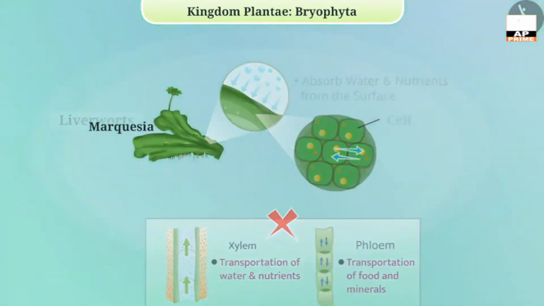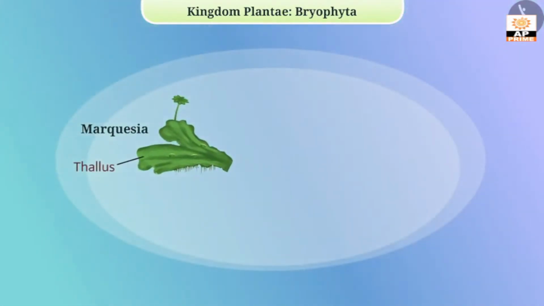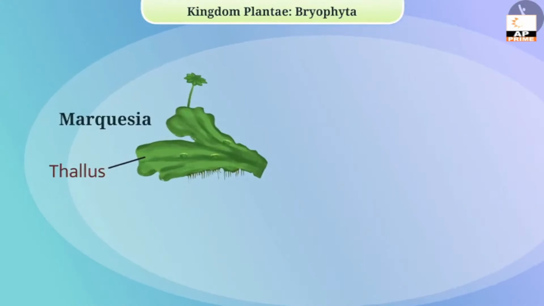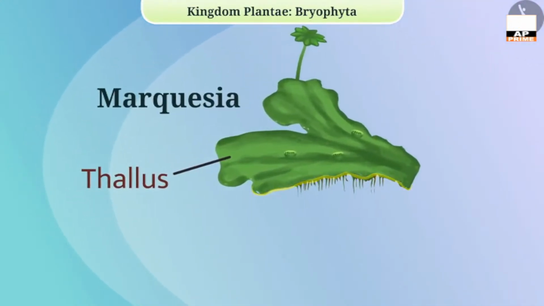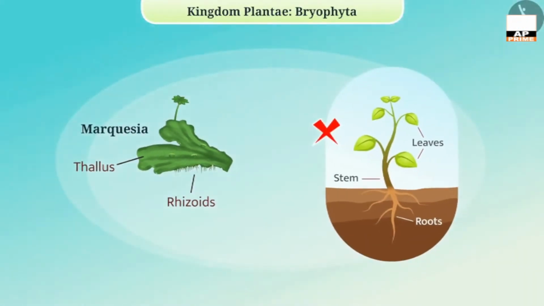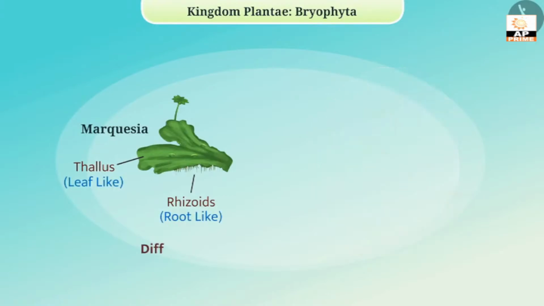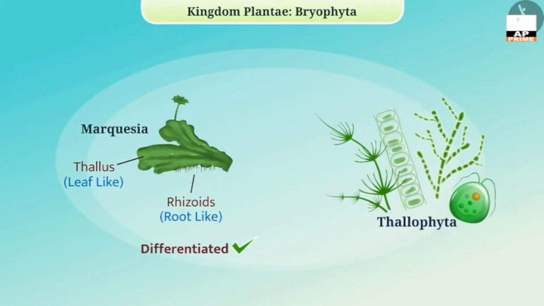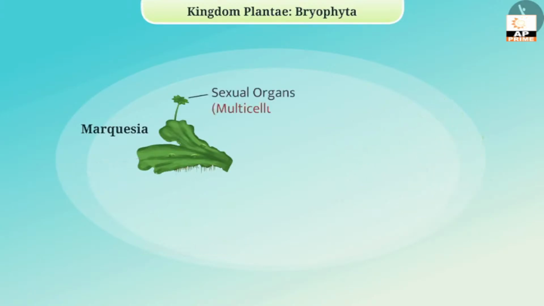Their body is like thallus and is straight. They are attached to substratum by unicellular and multicellular rhizoids. They do not have developed structures like roots, stem, and leaves, but they have similar structures, so their bodies are more differentiated than Thallophyta. In these, sexual organs are multicellular.